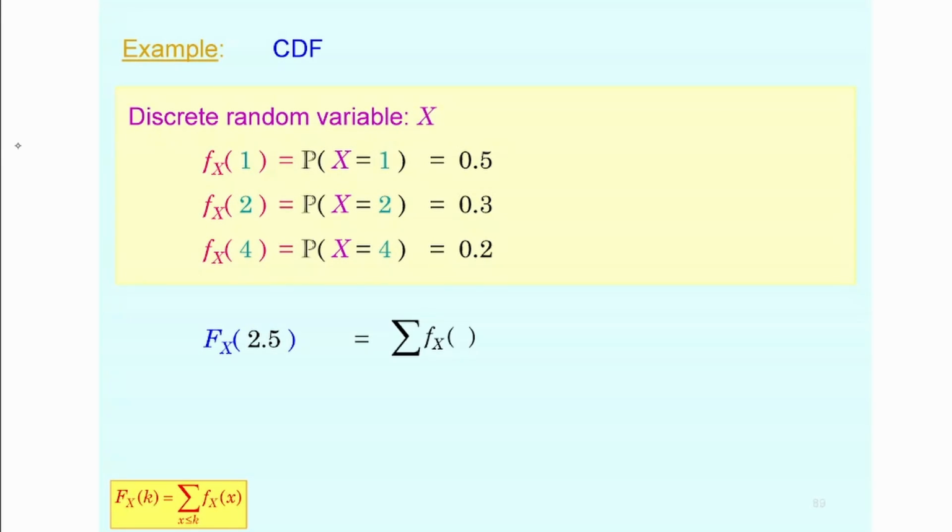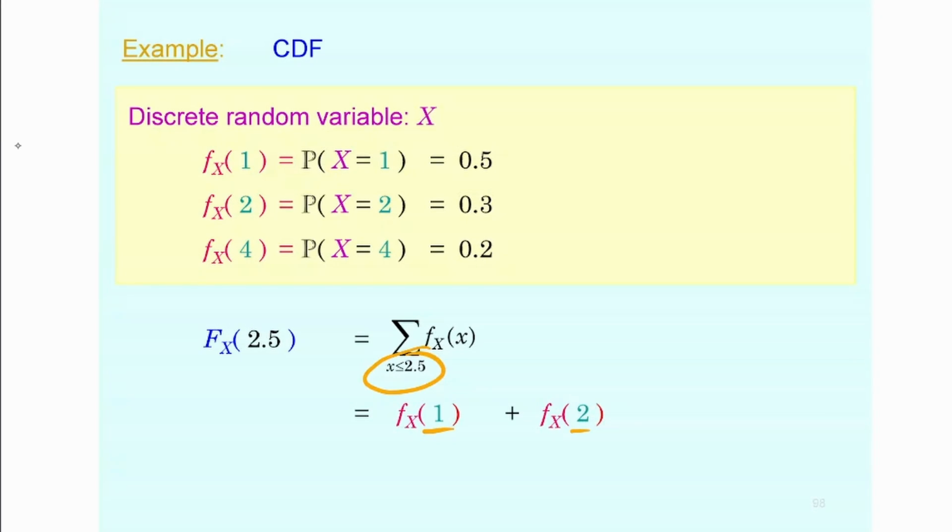Based on that definition, you pre-select those realizations that are not greater than 2.5. And if you consider the probabilities for those, you have the probability mass function at point 1 and the probability mass function at point 2, because those are the two realizations for which this is true, right?